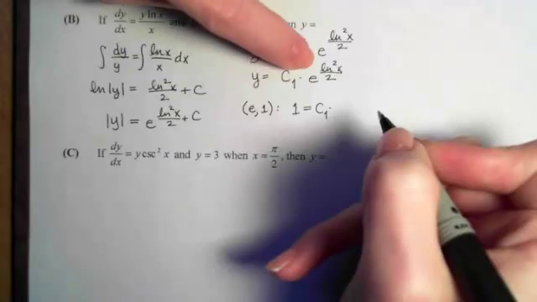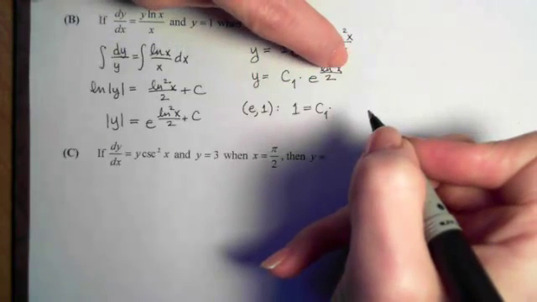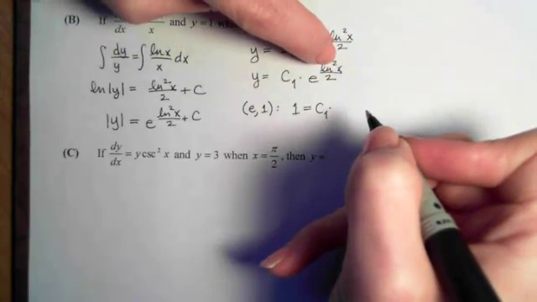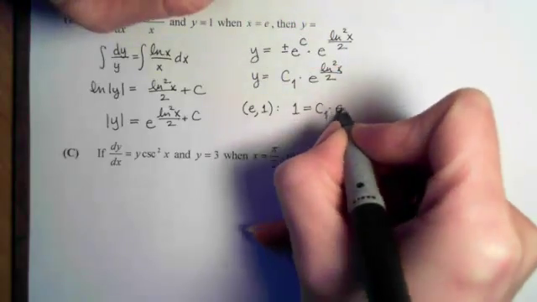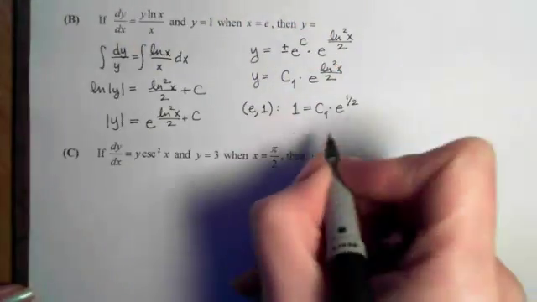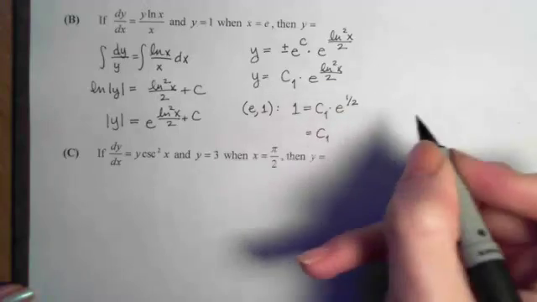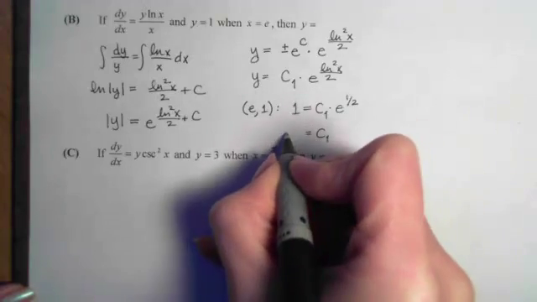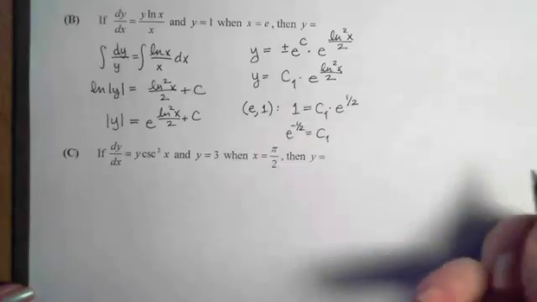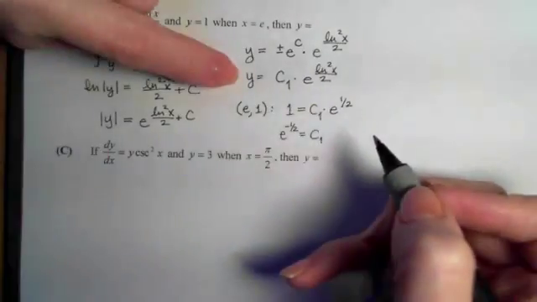So if I plug in an x, I get e to the log natural of e, which is a 1. Squared is a 1/2, so I have e to the 1/2. So my c will actually be 1 divided by this, or e to the negative 1/2. So now I'm ready to go plug it back in.